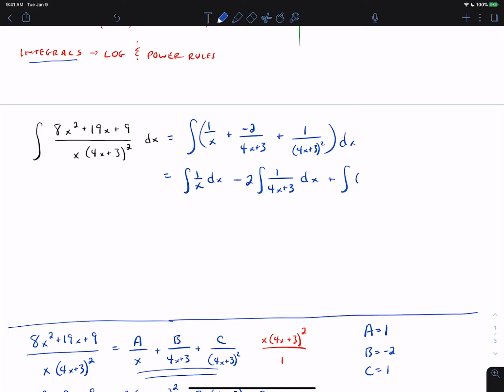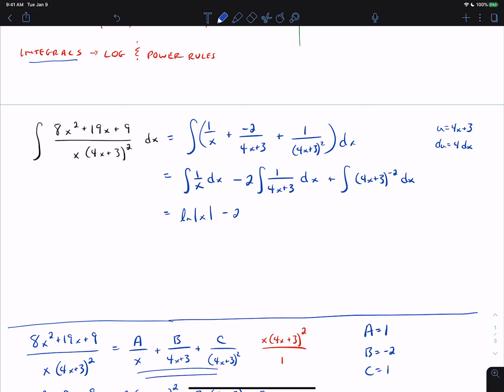And on the third problem, I'm going to want to write that as 4x plus 3 to the -2 dx. On the second two problems, we're going to do a quick u substitution where u is 4x plus 3, so du is 4 dx. Now, the integral of the first one is log absolute value of x.